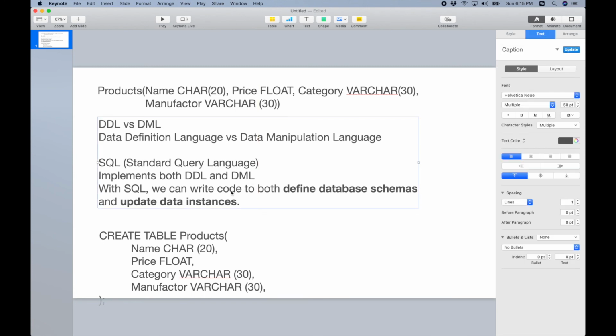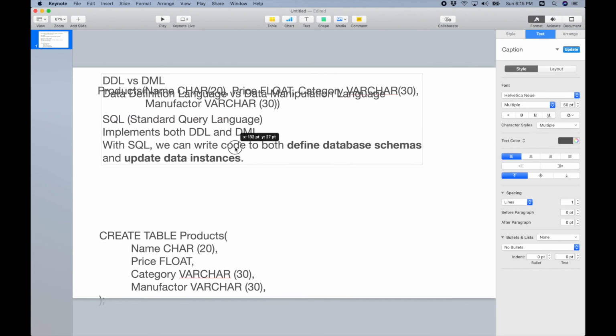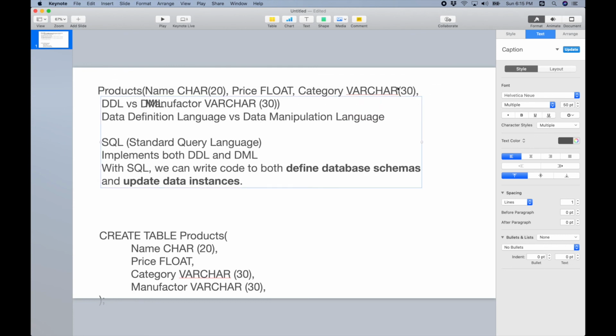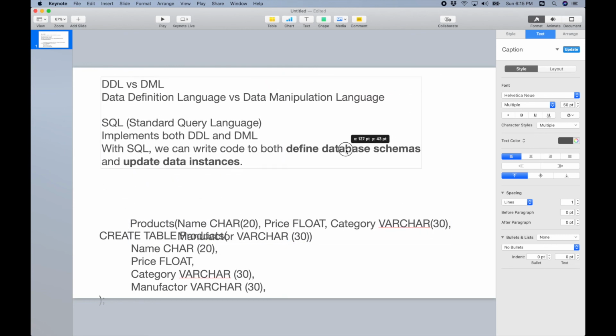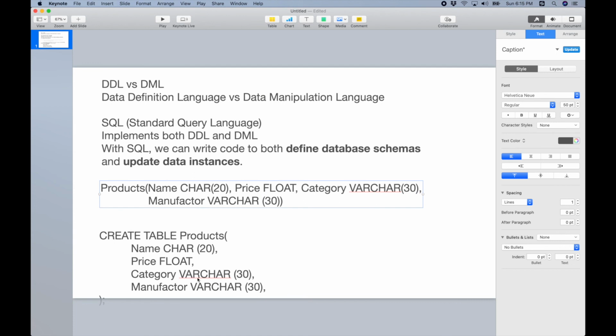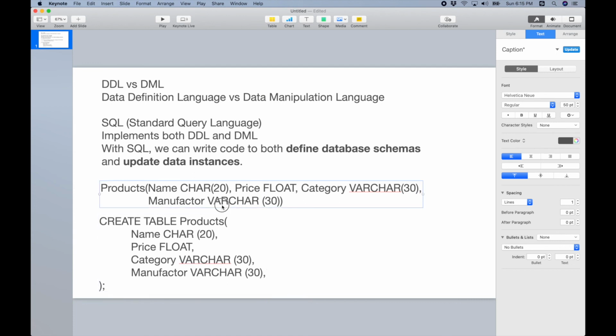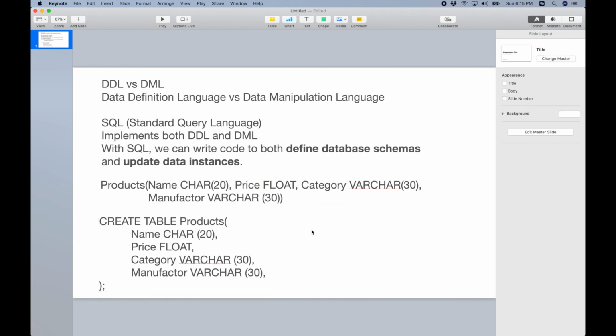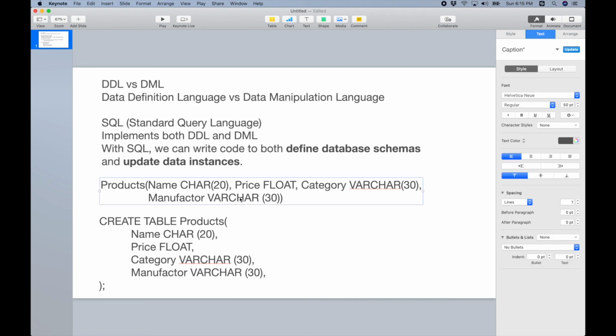Let me move this upward and we can move this relation downward instead. These two are actually equivalent. This is the relation we are declaring on paper, right? Based on our ER diagram, we can translate it into a relation, something like this. This is the relation name, and these are the attributes inside this relation, with both names and types of the attributes.